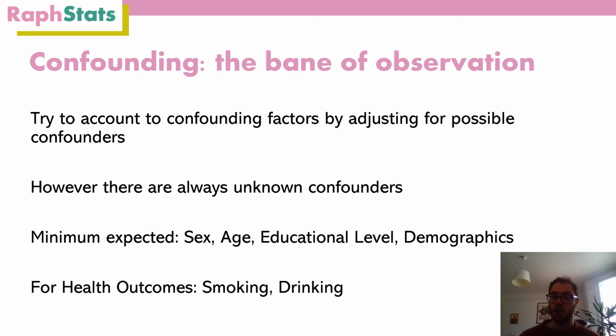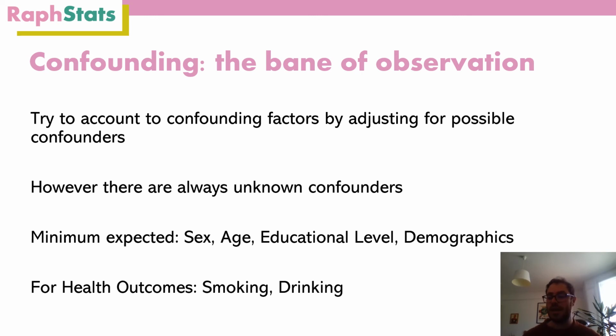So anything that could cause the link between the two things that they're claiming, we should be adjusting for, and we can critique a study if they're not doing that. The thing to remember is, no matter how good an observational study is, fundamentally there are always unknown confounders.